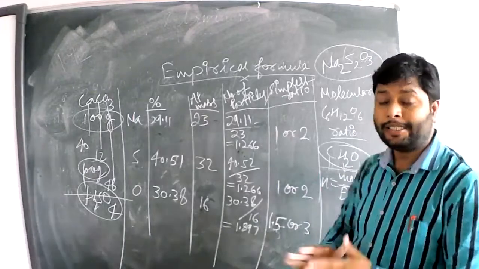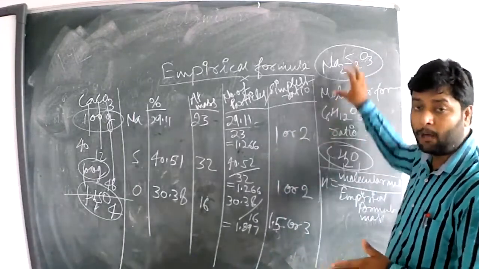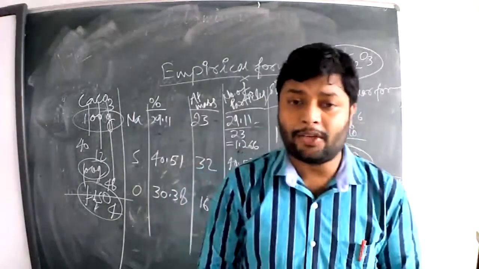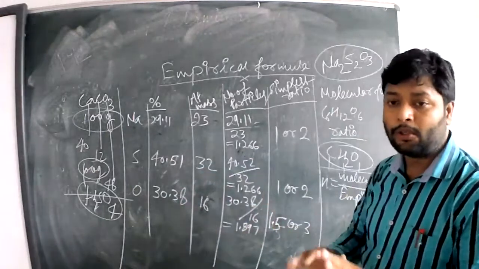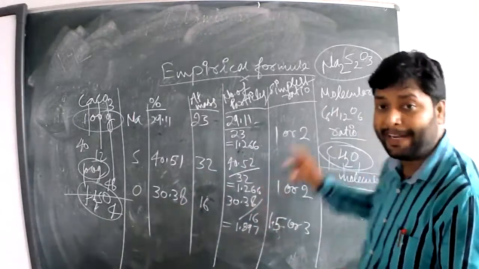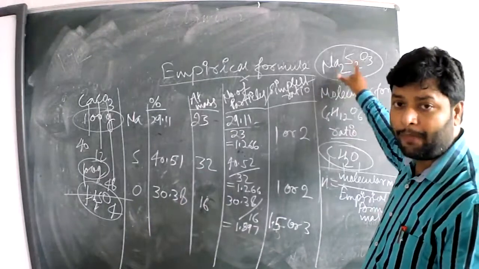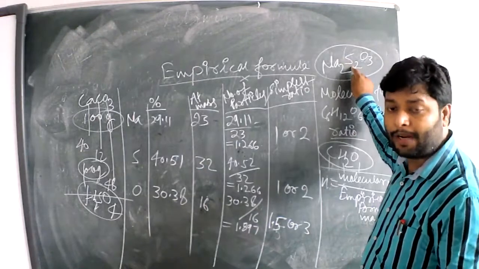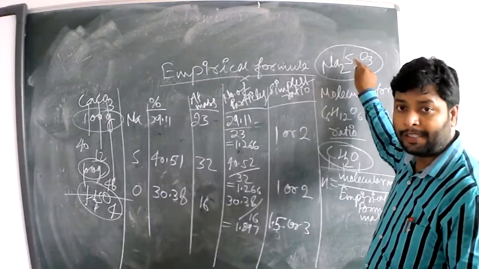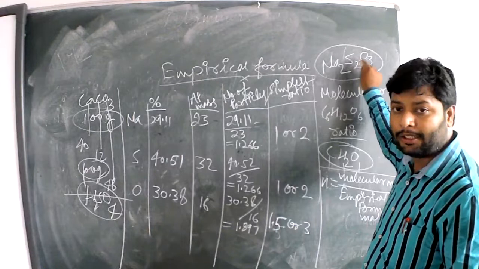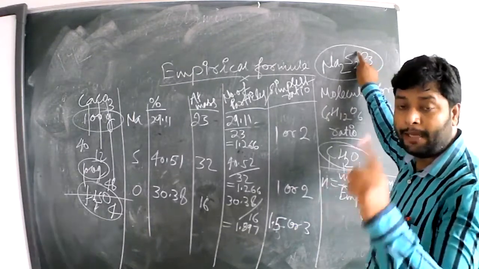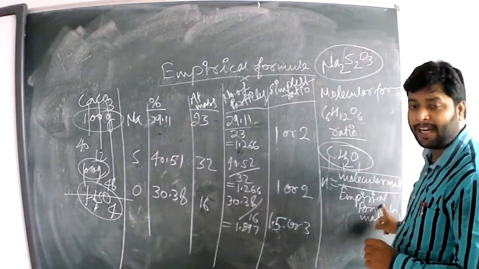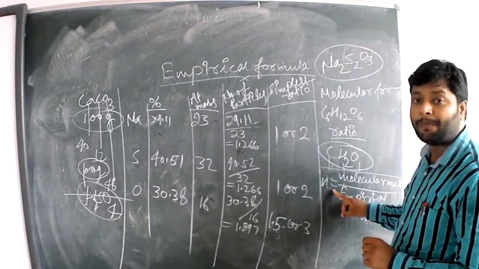So student, this is all about the empirical formula, how we get the empirical formula. Now let's suppose the question also contains a molecular mass. Then with the help of the formula we will first calculate the empirical formula mass. Empirical formula mass: 23 into 2 plus 32 into 2 plus 16 into 3 will give you the empirical formula mass. Then we'll divide molecular mass upon empirical formula mass to get the value of n.